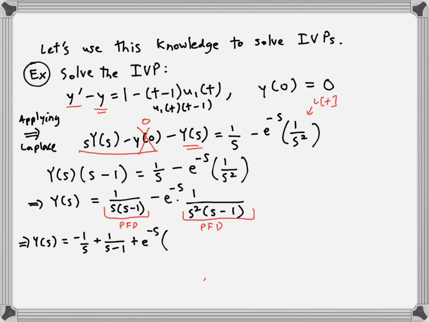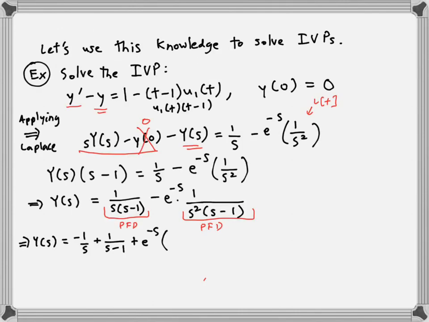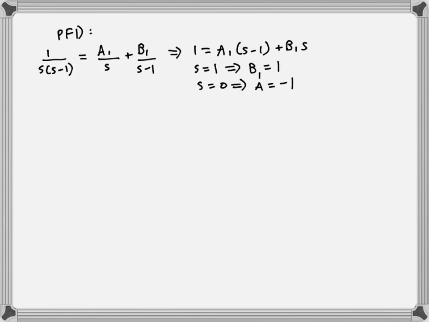Now I still have to do partial fraction decomposition on the second part, so let's do that now, okay? This one, notice that we have a negative 1 in there, okay? So how would I write that down? I have a negative 1 over s squared times s minus 1.